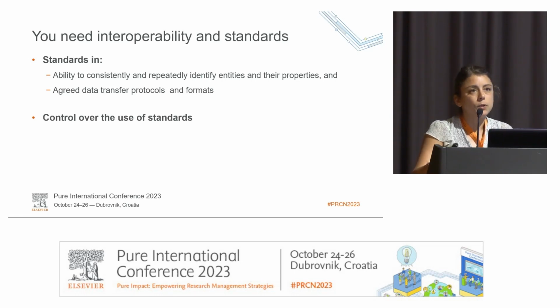The second is that you need agreed ways of transferring this data, so protocols and standard data formats that we know. And then the question: yes, we need data standards, but we also need to have control over the standards that we are setting and using for different use cases, for example. It might not always be the same.